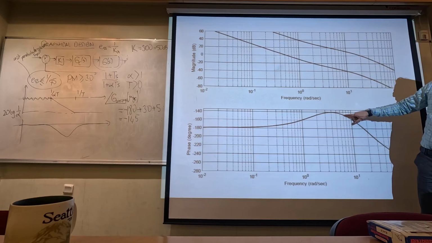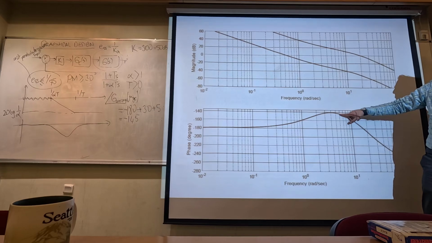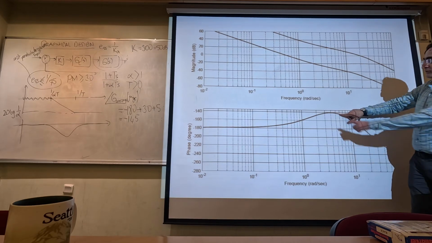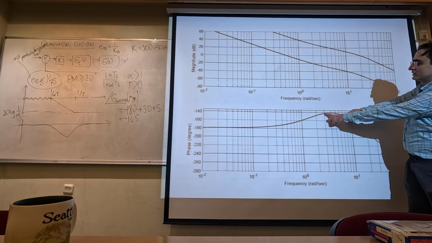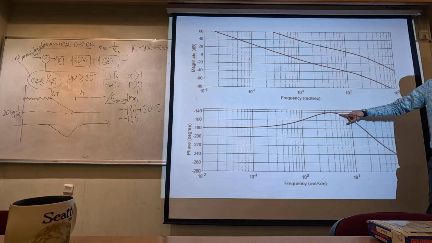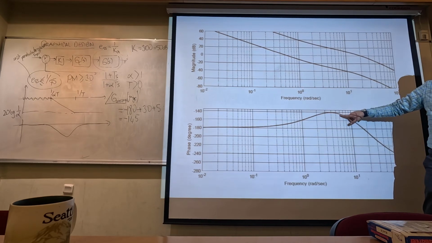Okay? So then I have minus 140 something, and here it might be minus 145. Okay? Is there any other place that I can place my new gain crossover frequency? There is also somewhere here. So I can choose both of them. Okay? It really doesn't matter. You can choose any one of them. But here I will choose the right one.